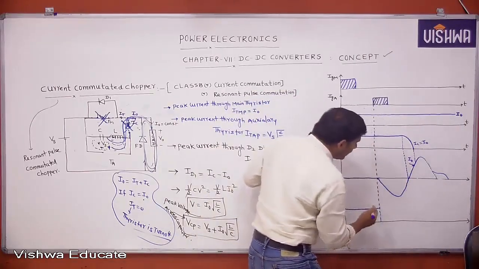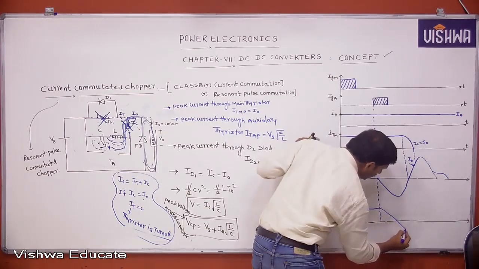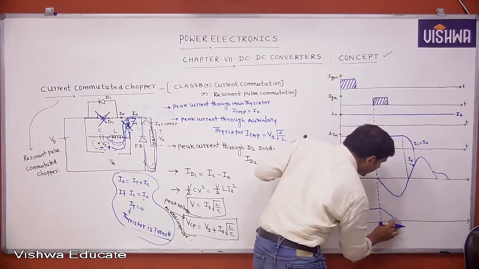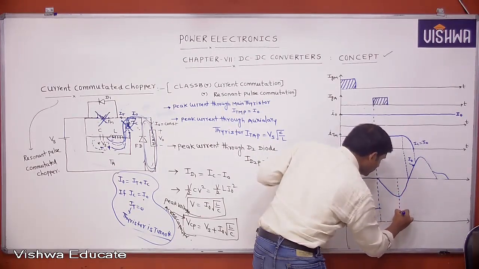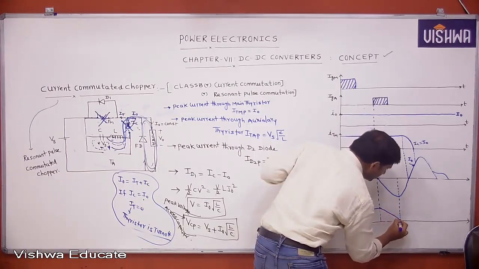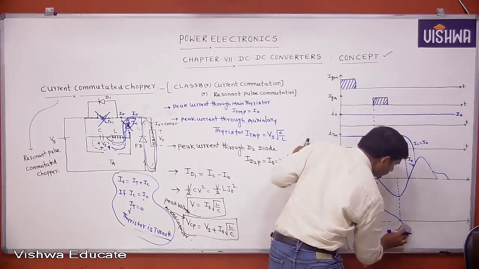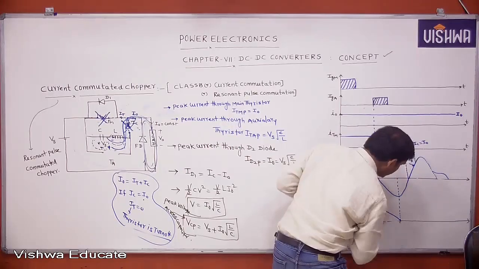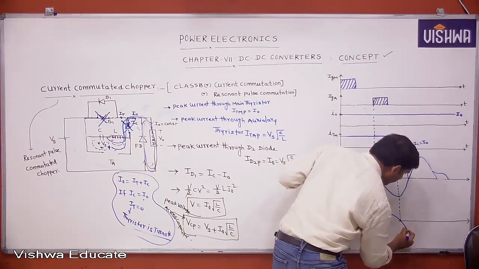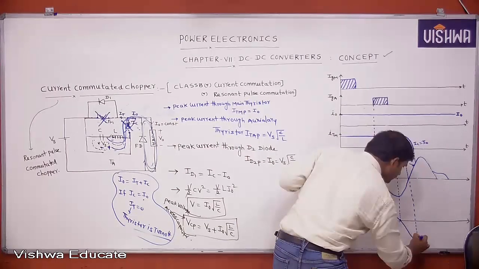Okay. Now here the capacitor is discharging. It is changing from plus Vs to minus Vs first. It charges to the maximum value.